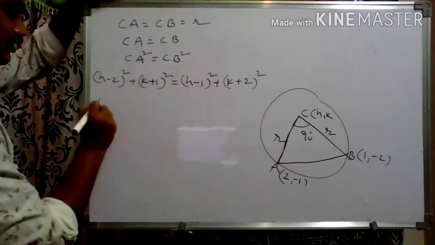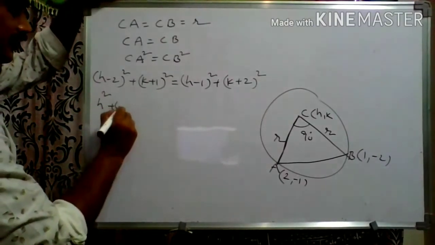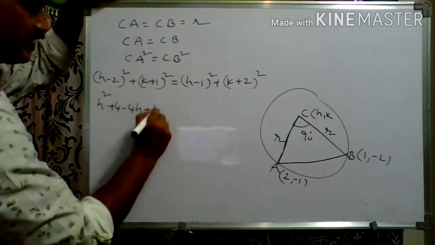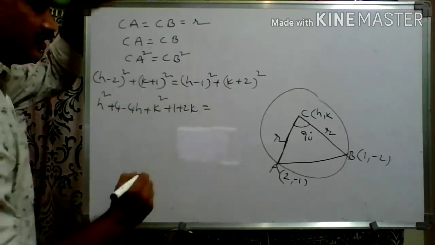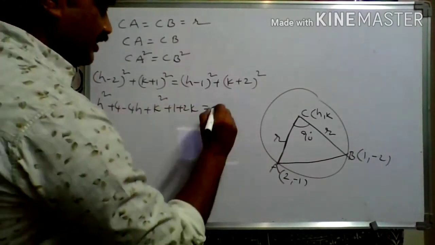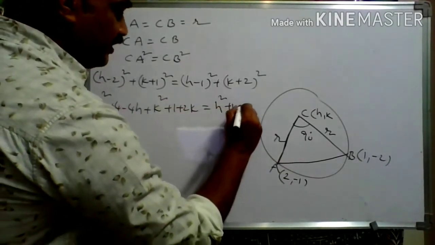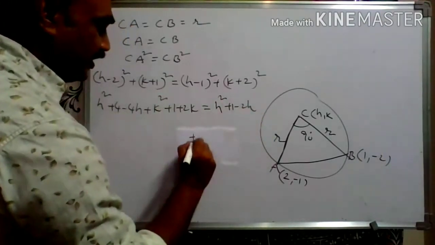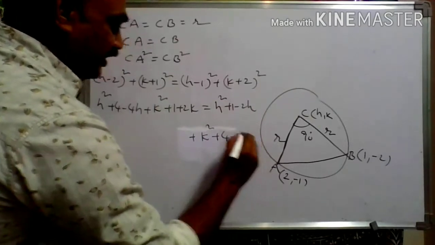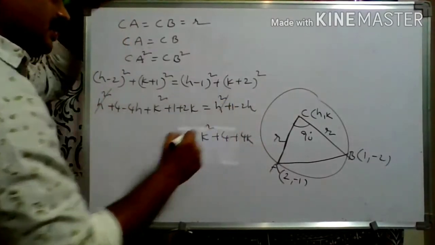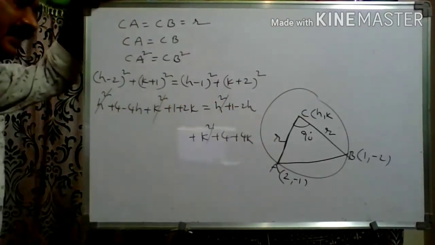Then h minus 2 whole square is h square plus 4 minus 4h, and k plus 1 whole square is k square plus 1 plus 2k, which is equal to h minus 1 whole square, h square plus 1 minus 2h, plus k plus 2 whole square, k square plus 4 plus 4k. So h square gets cancelled, k square gets cancelled.